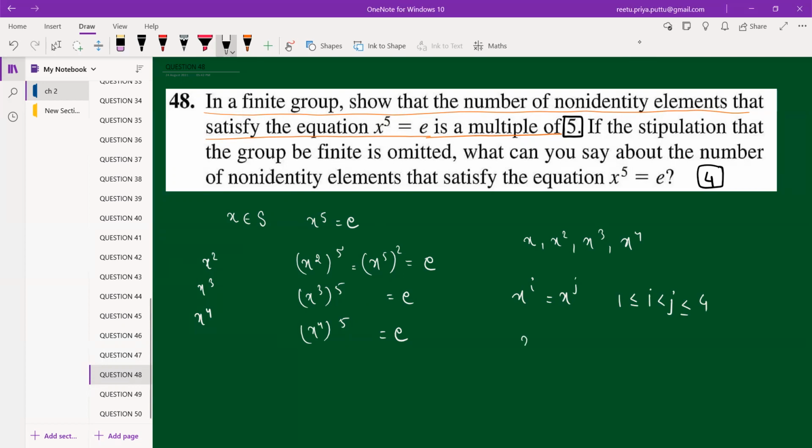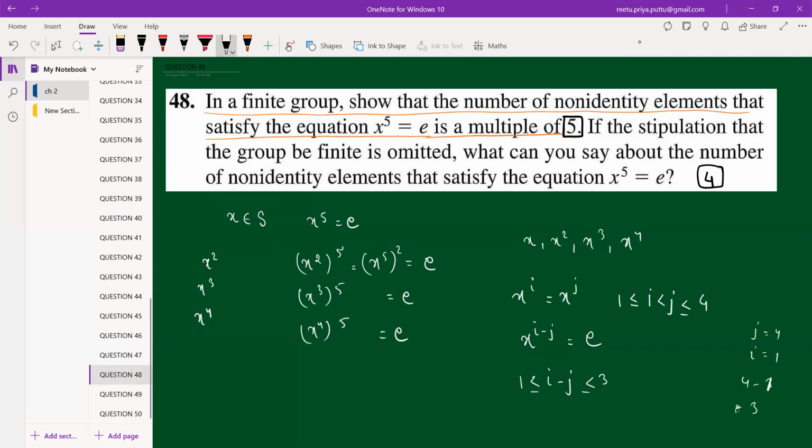So from here, I can say that x to the power i minus j equals identity. Now, I would claim i minus j is between 1 and 3. Why? Because if I take the maximum, j equals 4 and i equals 1, then the difference is only 3, so we have a maximum of 3 here.